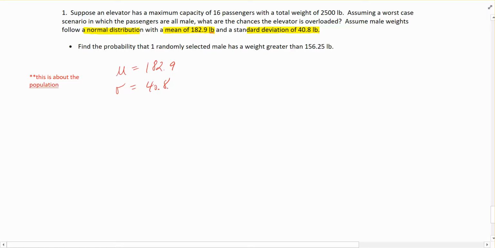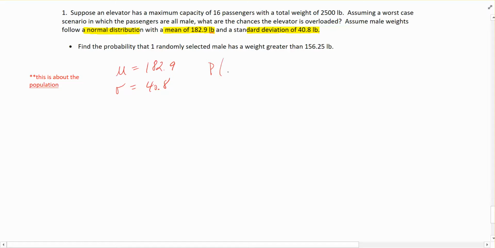And the question that I am initially answering in this first bullet says, what is the probability that if I were to select one male out of the entire population of men, his weight is going to be greater than 156.25? So watch the way that I notate this.